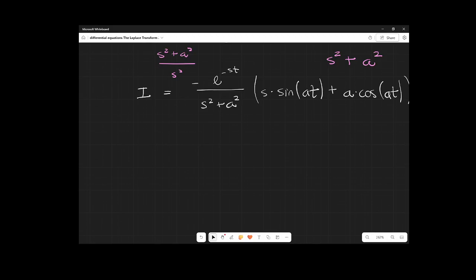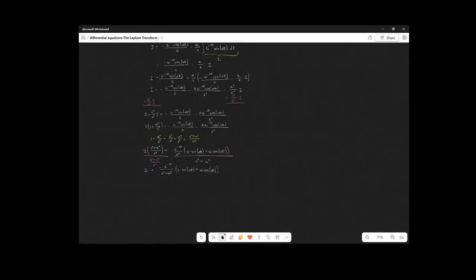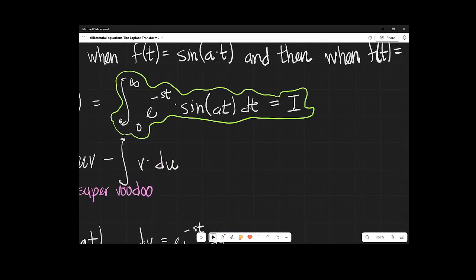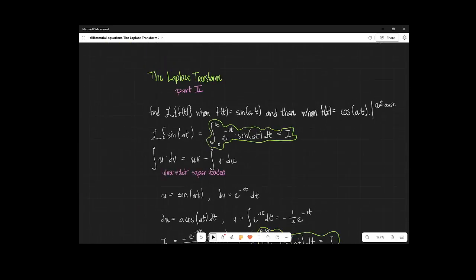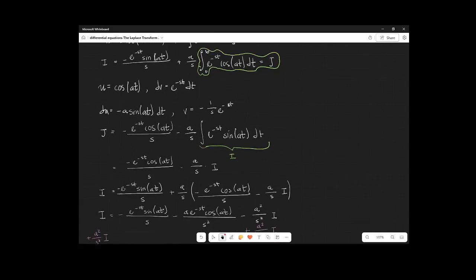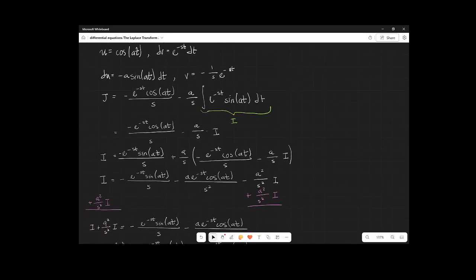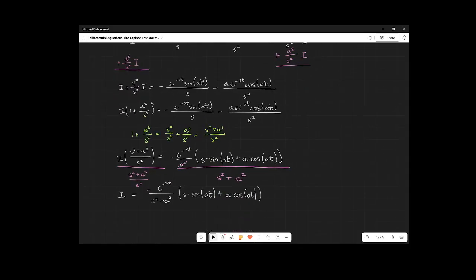Okay, yes. So I remember we defined that way up here as being this. All we have to do now to solve for it is take the antiderivative, which we actually just did. Okay, and I think now is the time where we can apply the bounds of the integral on this, right?